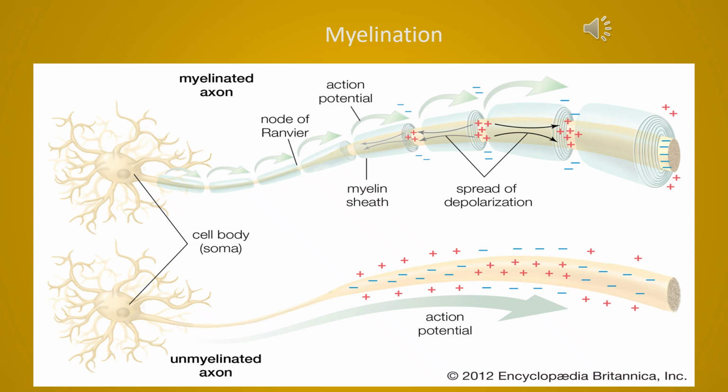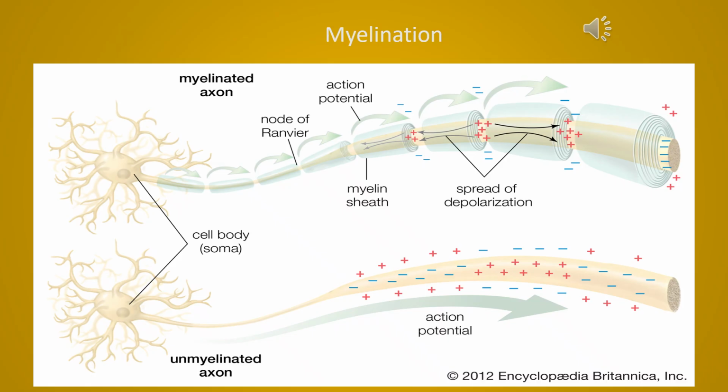An unmyelinated axon may be able to transmit an action potential at maybe 5 or 10 meters per second. Well, that may sound fast, but wait till you hear this. If the axon is myelinated, then the speed of transmission of the action potential may be as much as 150 meters per second.